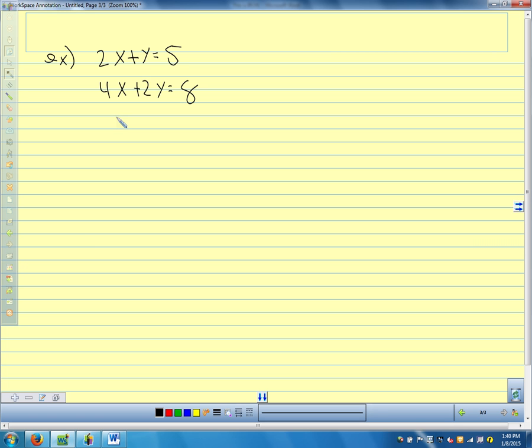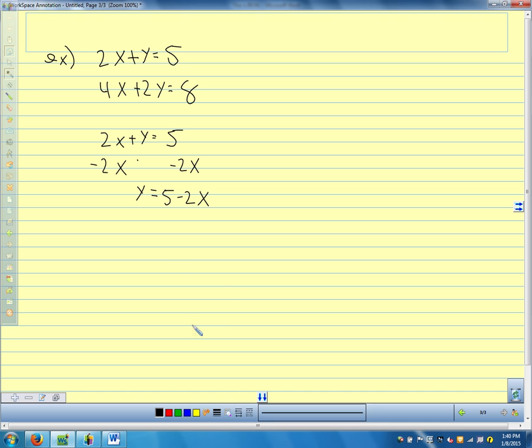I like this first one. It already has y, right? So let's work with that first one. 2x plus y equals 5. So how do we get y by itself here? Subtract 2x. Just get that away from that side of the equation. So subtract 2x. I get y equals 5 minus 2x.